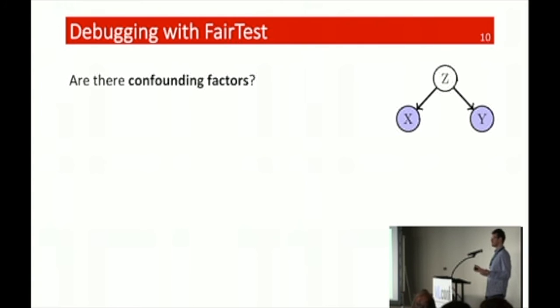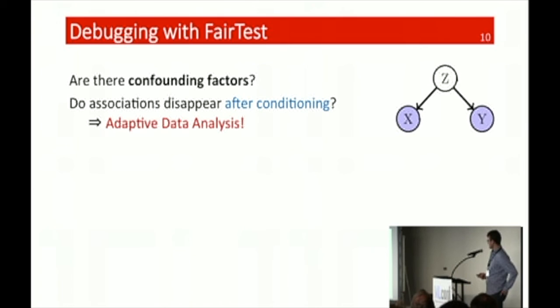So if FairTest tells you, we found this very strong association here between a patient's age and the error committed by your algorithm, you'd maybe try to understand why. And this is actually something that has a very weird implication on system design, because now you're essentially doing adaptive data analysis. You're first finding some correlation, you're statistically validating it, and then you're trying to say, what happens if I do things a little differently?